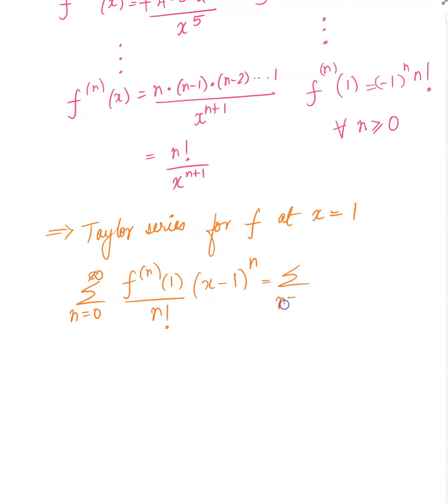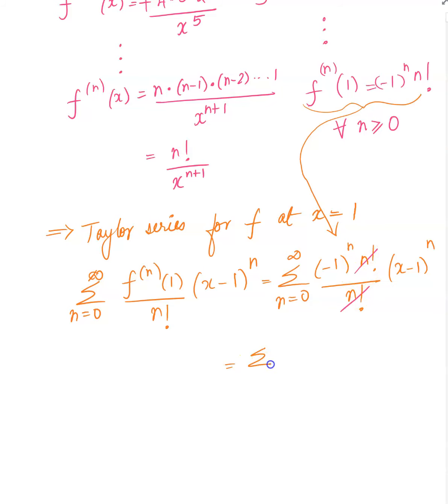So summation n 0 to infinity, negative 1 power n factorial over n factorial times x minus 1 power n. That's what you have there. So these will go away, leaving us with summation n 0 to infinity negative 1 power n times x minus 1 power n.